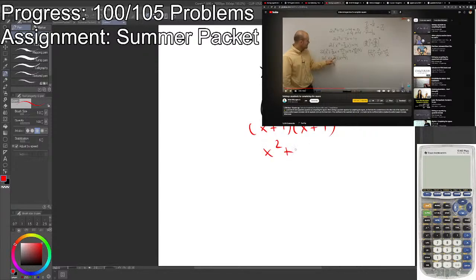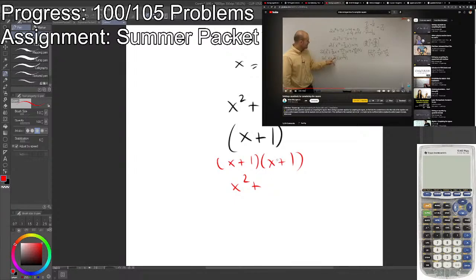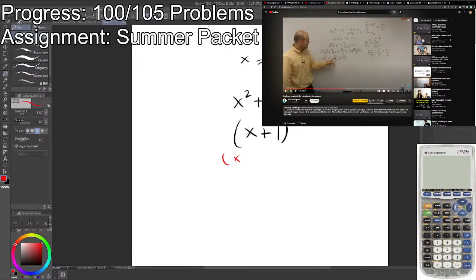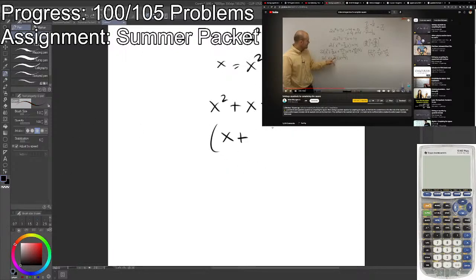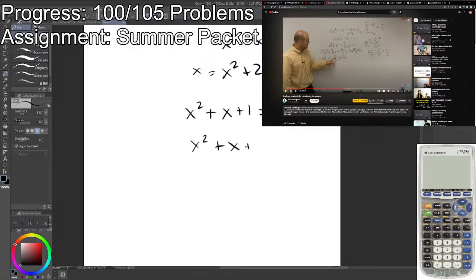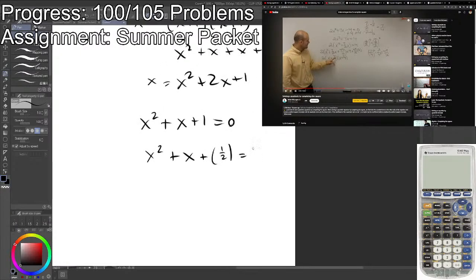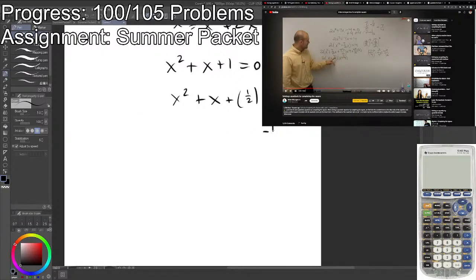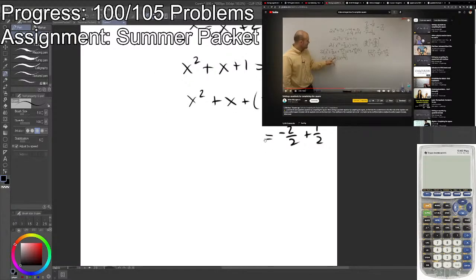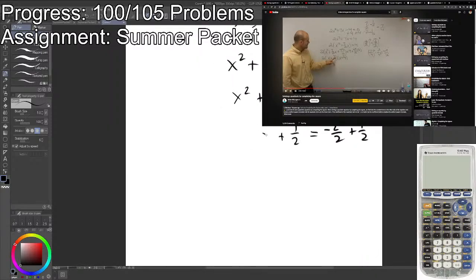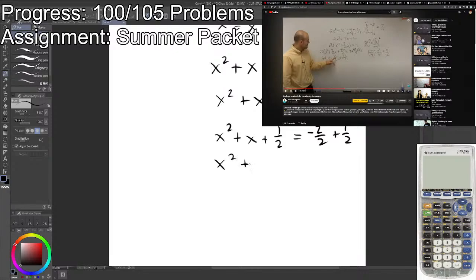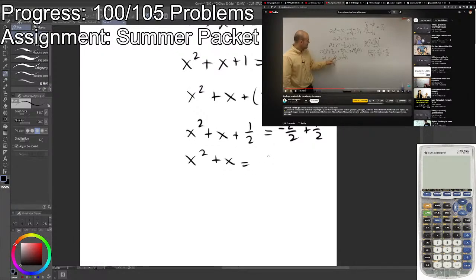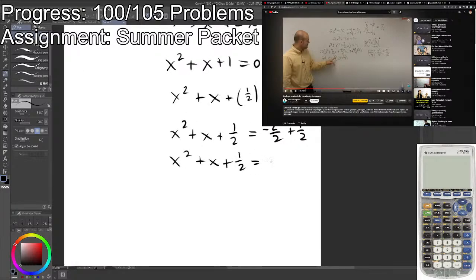x squared plus, that'd be 2x. Completing the square. Okay, plus half equals negative half.